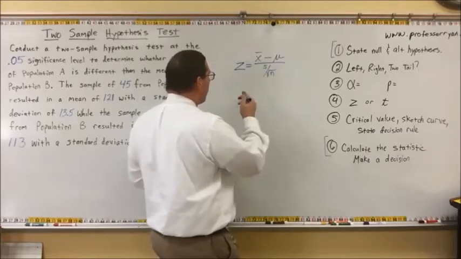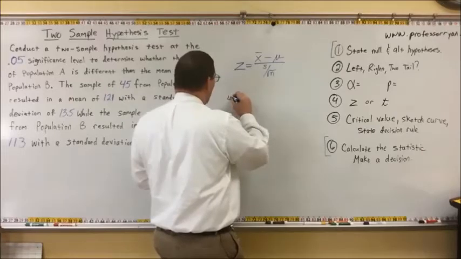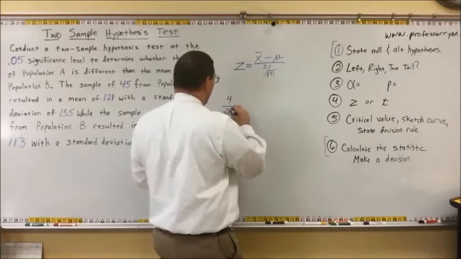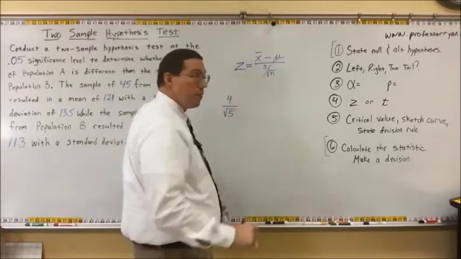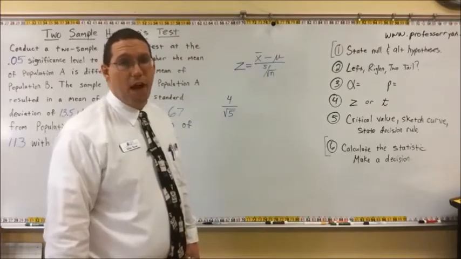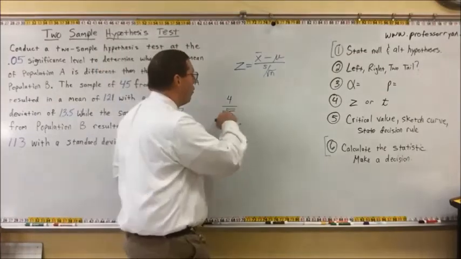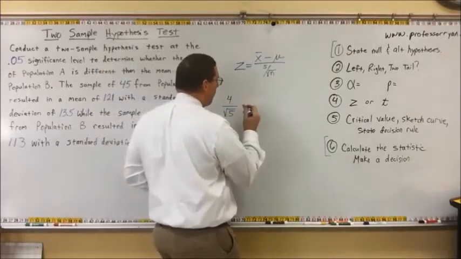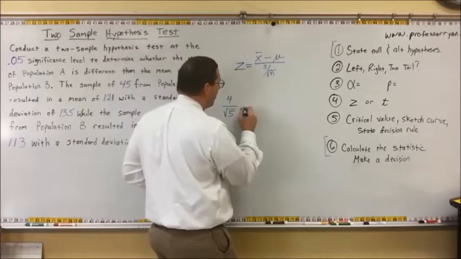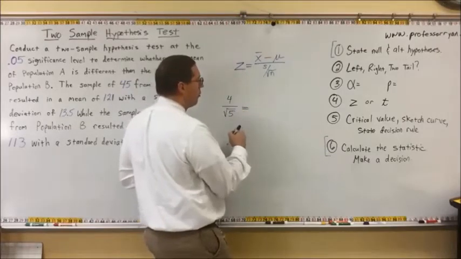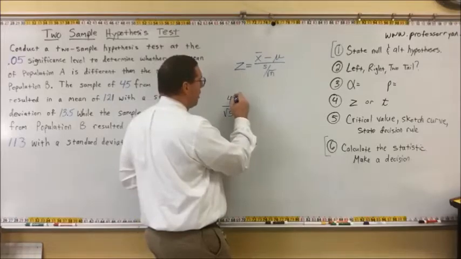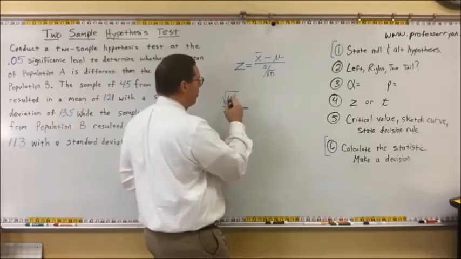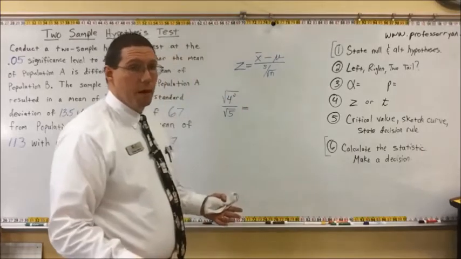What if I started with 4 over the square root of 5? If I started with 4 over the square root of 5, I could turn this whole thing into a radical by first squaring the numerator and putting a radical on it. So if I square it and then put a radical on it, it's still the same number.